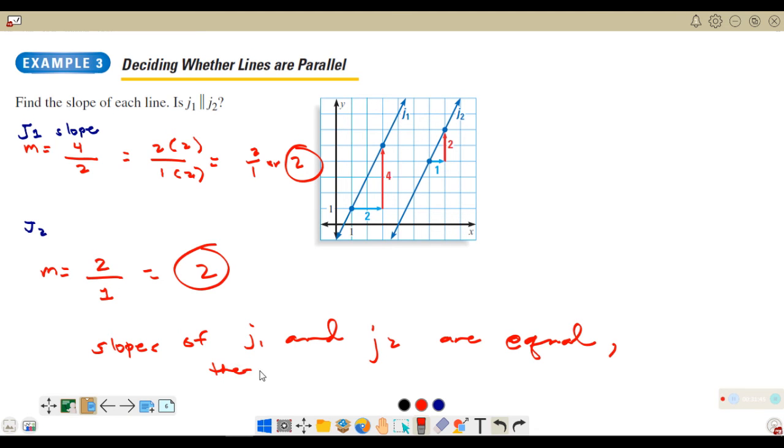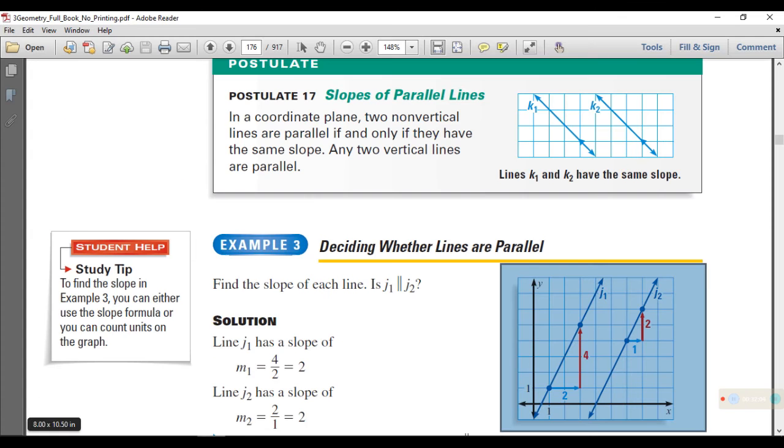Therefore, J sub 1 and J sub 2 are parallel. Or in symbol, J sub 1 is parallel to J sub 2. Okay? Okay.